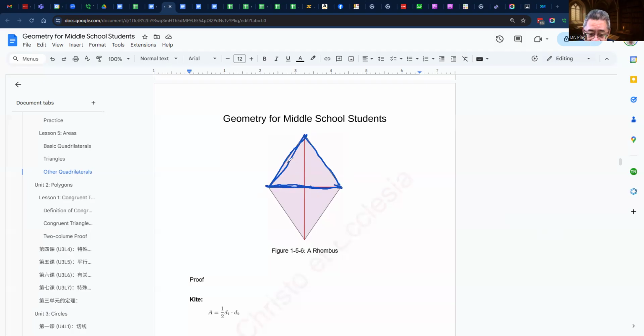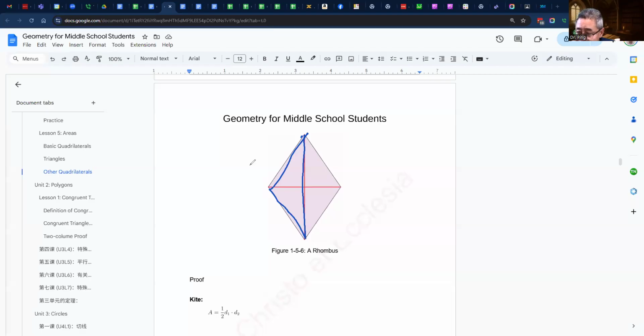The top area is equal to bottom area. So we can either cut them like this, find the area of the triangle, and then we just double that. Or on the other side, we can do this triangle, find it, and double it.